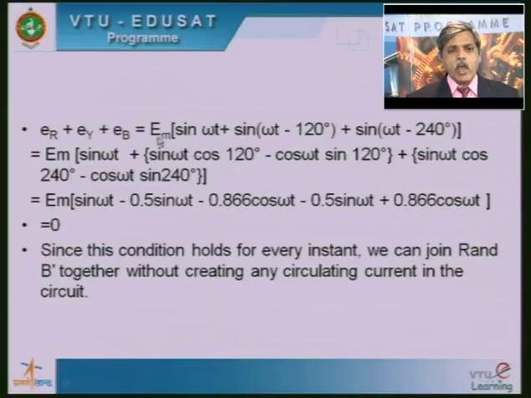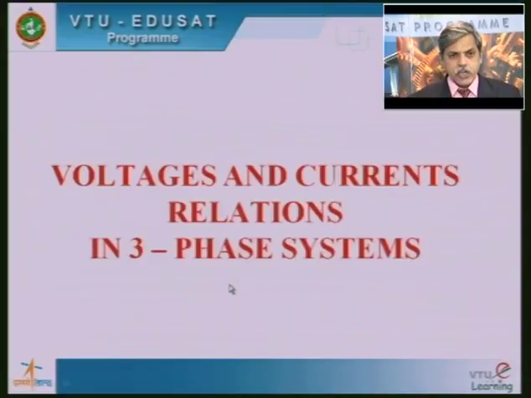So I will have equal voltages induced in these three phases with a phase difference of 120 degrees between them. Added together, the resultant is 0. Therefore it is possible to connect the finish of B phase to the start of R phase without any circulating current in the delta connection.